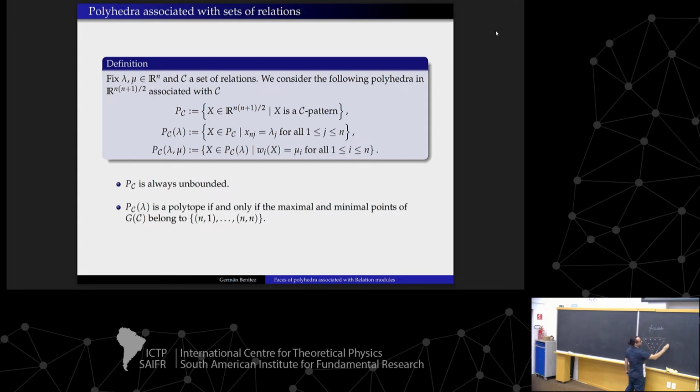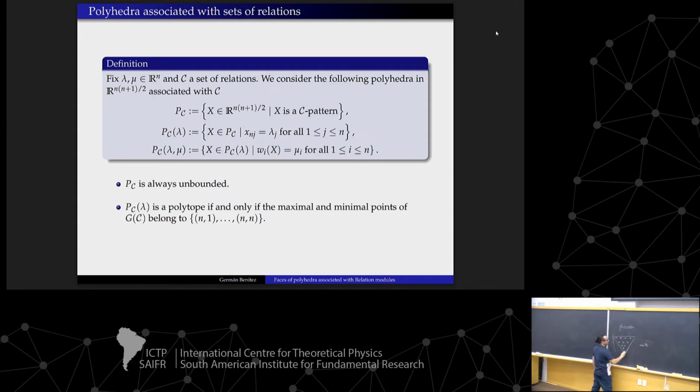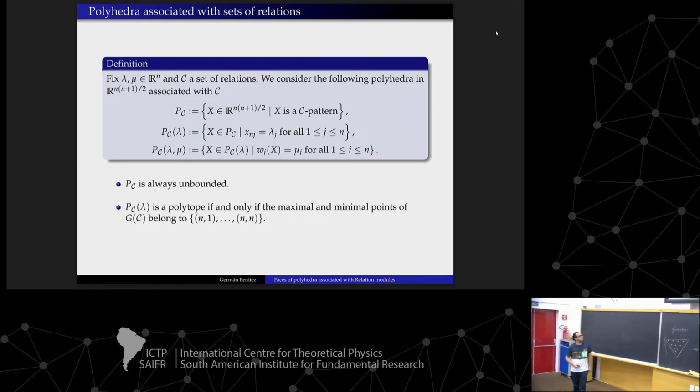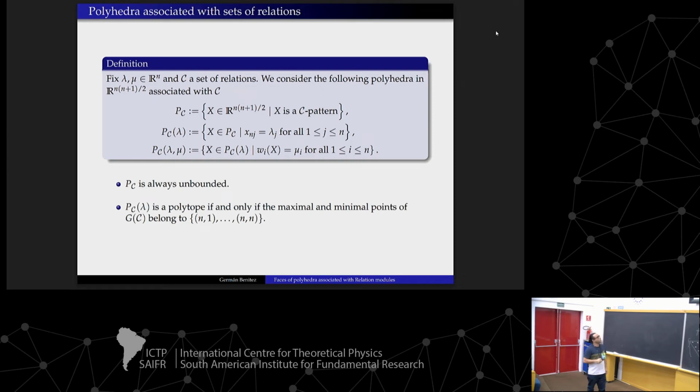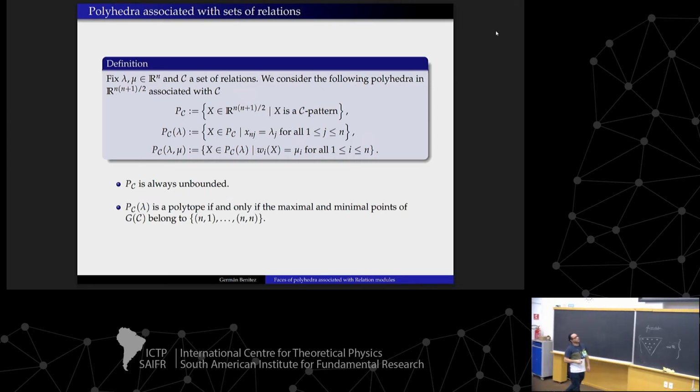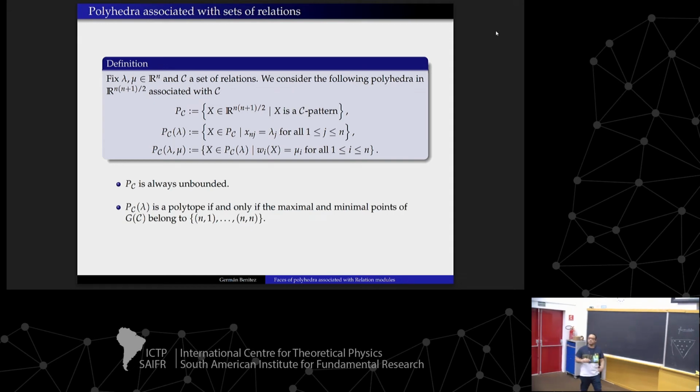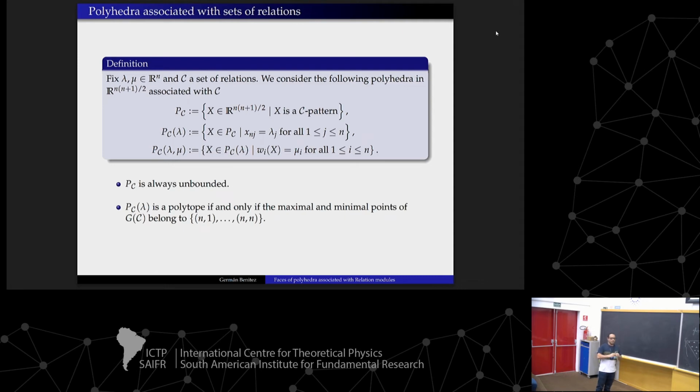The set of these R-patterns is unbounded inside the polyhedron P_R. Now, P_R lambda is a polytope, that is, bounded, if and only if the maximal and minimal points in the graph associated to the set of relations belong to the top of the triangular configuration of the set of relations.